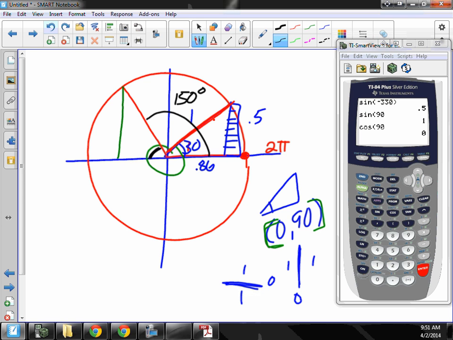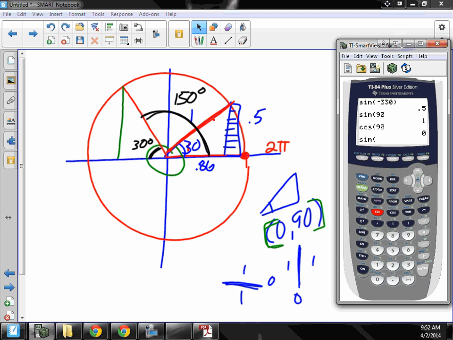And theta is always the angle created from the ladder to the ground. So if my given angle is 150, then this angle is going to be 30. So the sine of 150 should be 0.5. What's the cosine of 150 going to be?